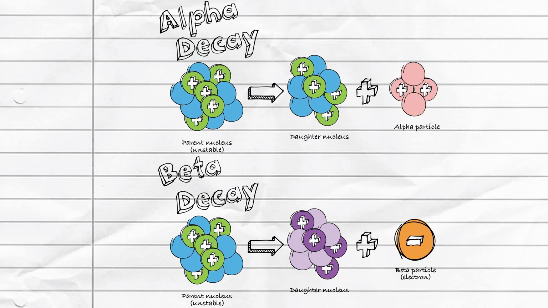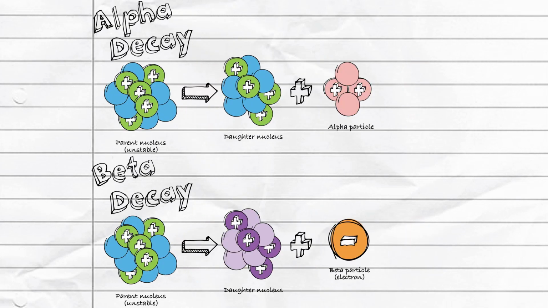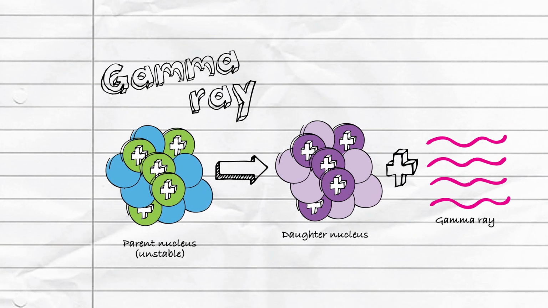Once released, these radioactive particles carry on along their merry way, leaving behind a daughter nucleus that is a more stable and smaller atom. Radioactive atoms can also become more stable by emitting gamma rays from their nucleus, making an excited atom into a more relaxed one.